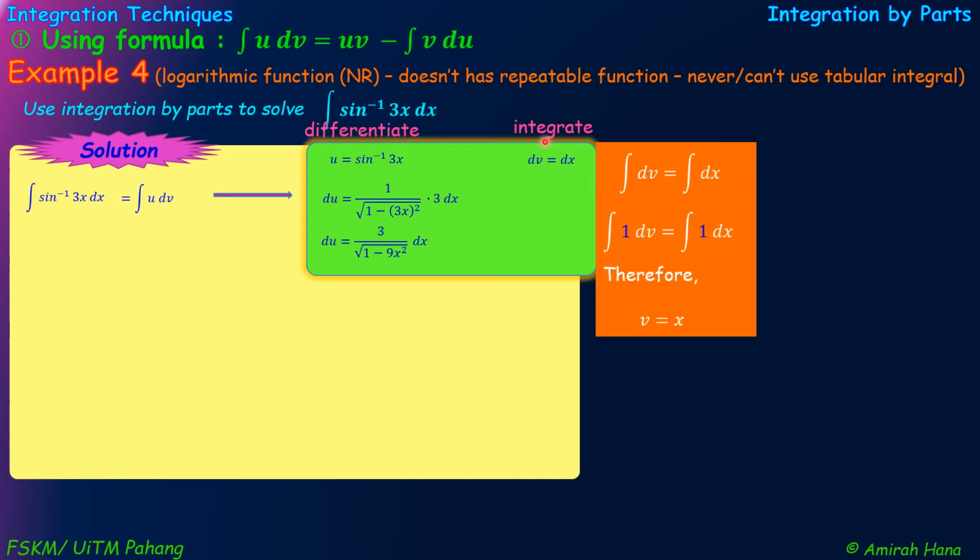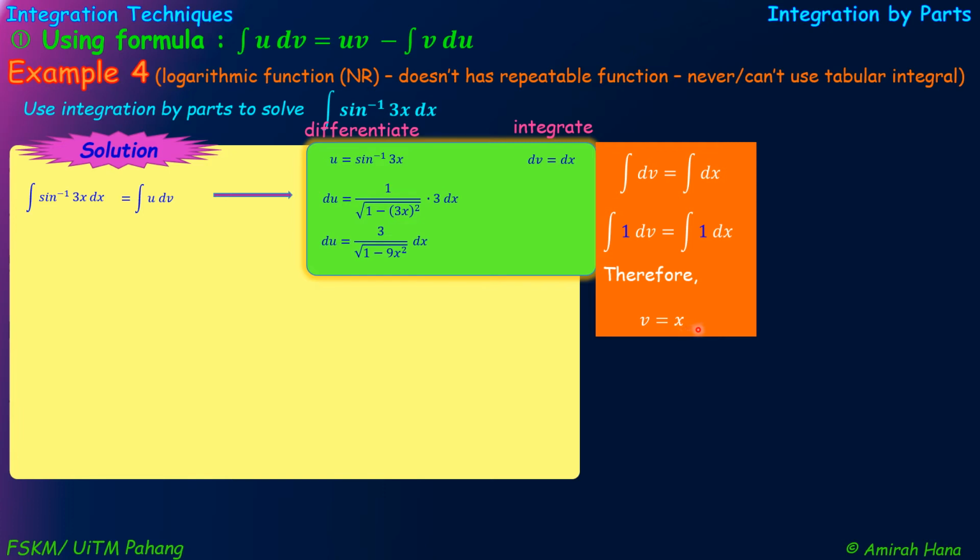And then from dv, we need to find v, so we need to integrate. We integrate both sides from here. Integration of dv equals integration of dx. Integration of dv means integration of 1 dv, and integration of dx means integration of 1 dx. When we integrate 1 dv, the answer equals v, and when we integrate 1 dx, the answer equals x.